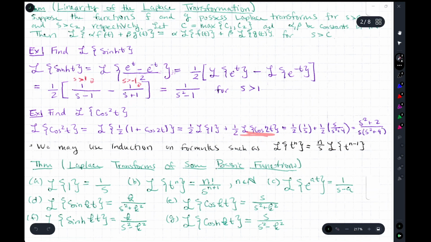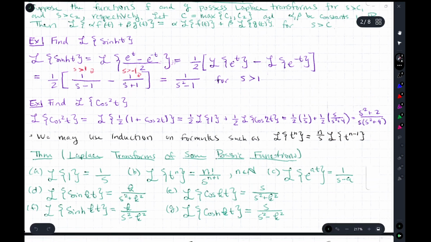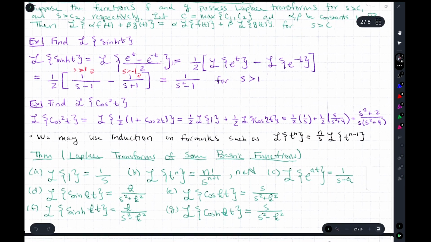Well, we've already found the Laplace transform of cosine 2t. That's this. And we've already found the Laplace transform of 1. We've computed it from the definition. And so we end up with that expression for cosine squared t. See how linearity really helped us out instead of solving a stubborn integral.